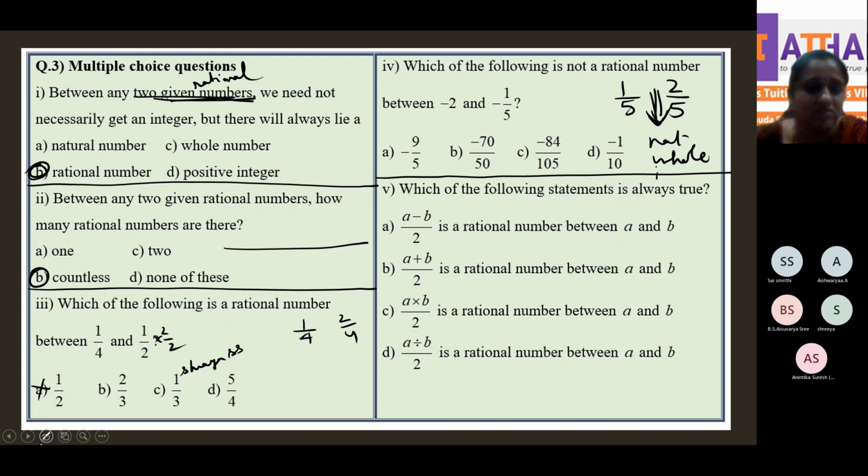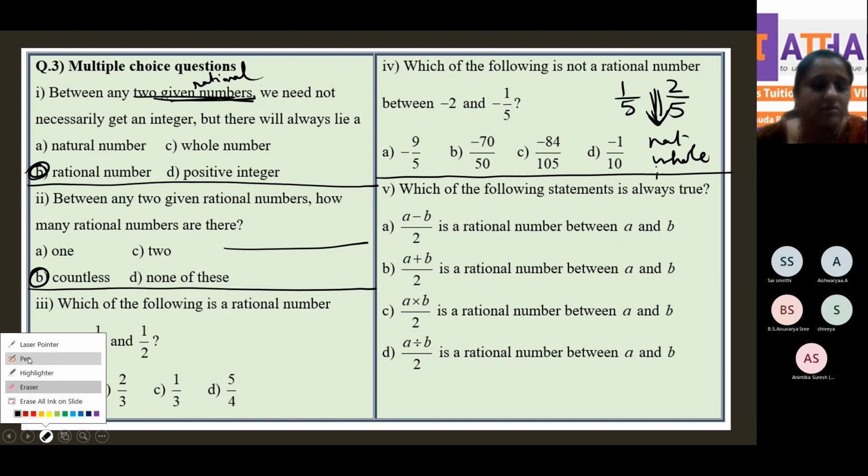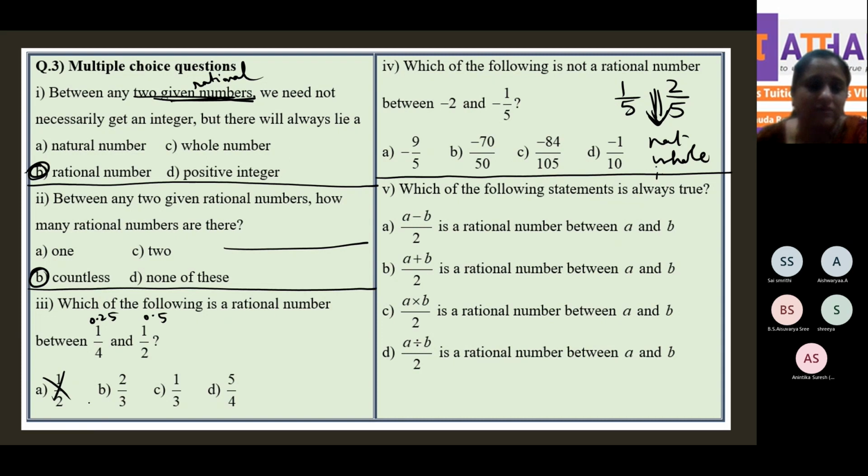Sometimes you'll have to work it like this, children. See, you know that 1 by 4 is 0.25, right? And 1 by 2 is 0.5. Now 1 by 2 itself is not possible between.